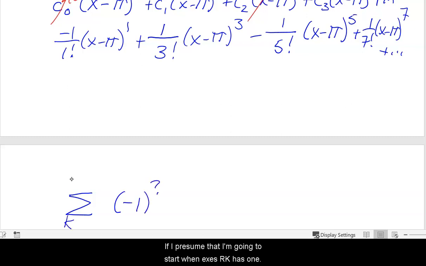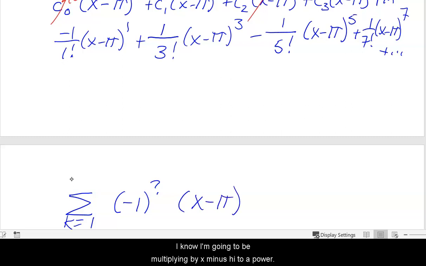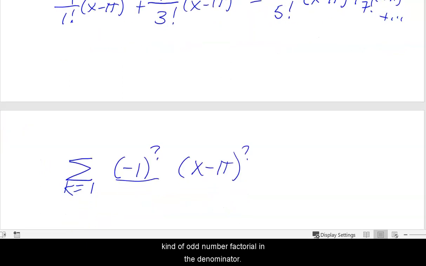If I presume that I'm going to start when k is 1, I know I'm going to be multiplying by x minus pi to a power. I don't know what the power is, and I know I need some kind of odd number factorial in the denominator. As I did before, I'm going to use 2k minus 1 for my factorial.